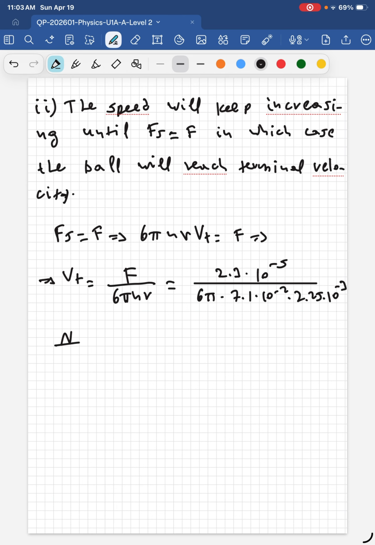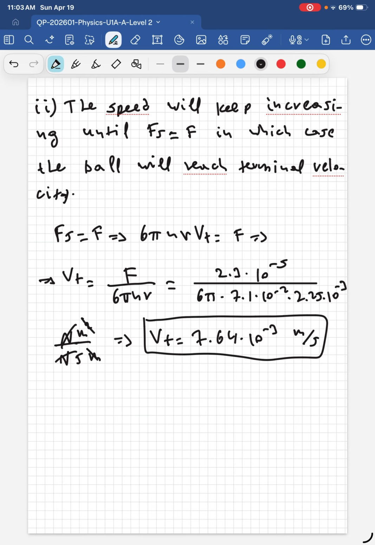Then we have eta in the denominator, so that's newtons, meter squared, and then seconds. And then R is in meters, so newtons cancel, we have the meters cancelling, and we uncover meters per second, which is velocity. So the terminal velocity is 7.64 times 10 to the negative 3 meters per second.